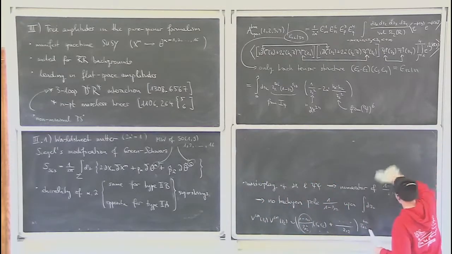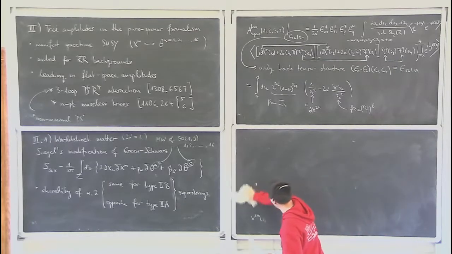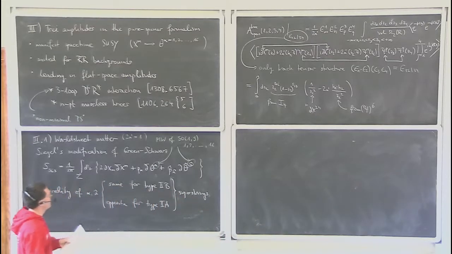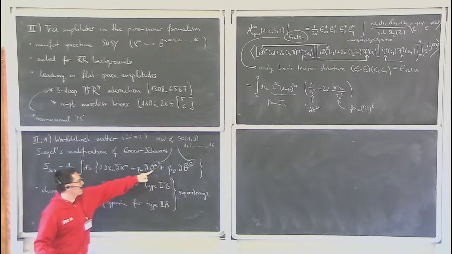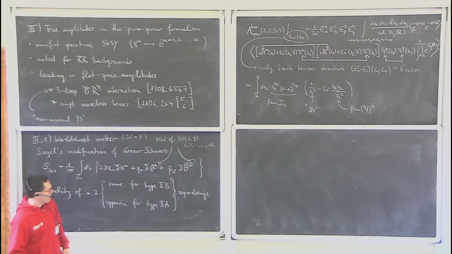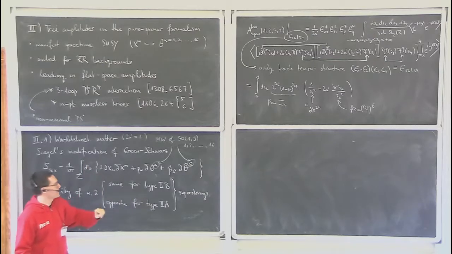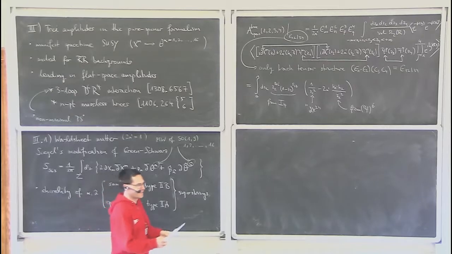So let me spell out the conventions used in this lecture and in most of the pure spinor literature. Oh yeah, right, it's a first-order system indeed, and the conformal weights are 0 and 1 for those two variables. In the Green-Schwarz formalism, the analog of p alpha is constrained. And one of the big deals of Siegel's modification was to interpret p alpha as being an independent dynamical field.